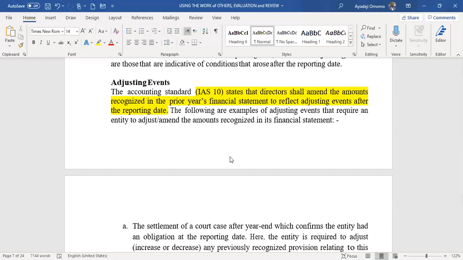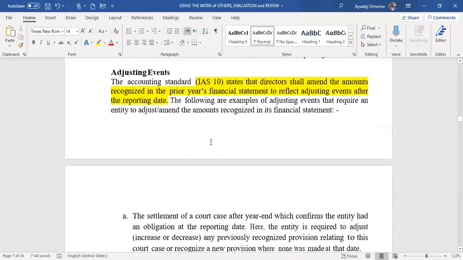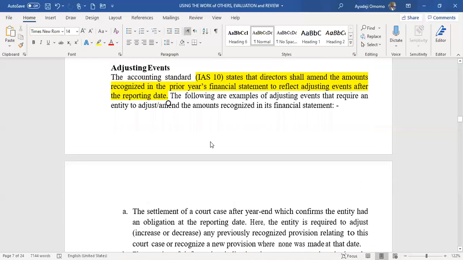From the definition I gave you earlier, subsequent events are those events, favorable or unfavorable, that occur between these dates, and some of them need to be adjusted, some do not. So for the fire, remember that as at 31st December, that item was inside the warehouse. And the financial statement refers to the period of January 1 to December 31st, 2019, so why should we adjust it?